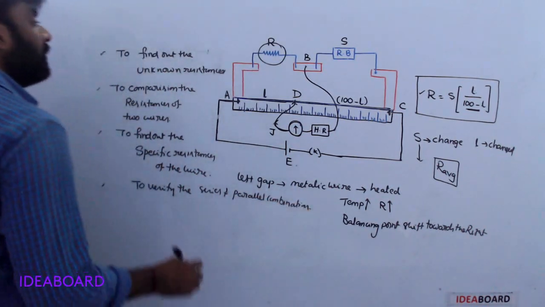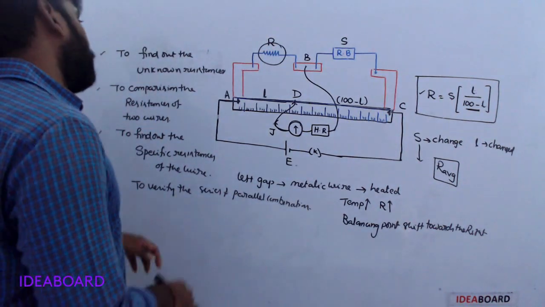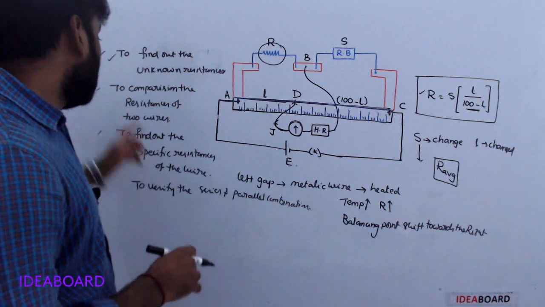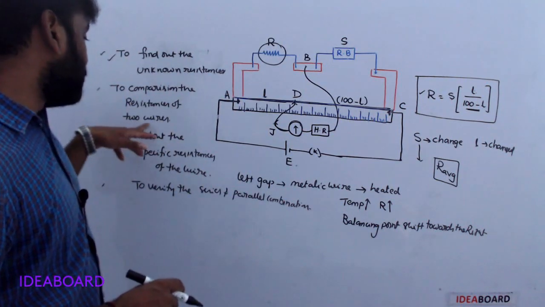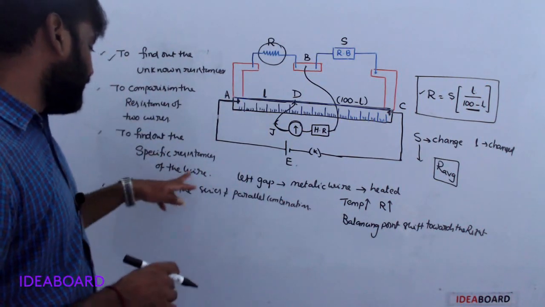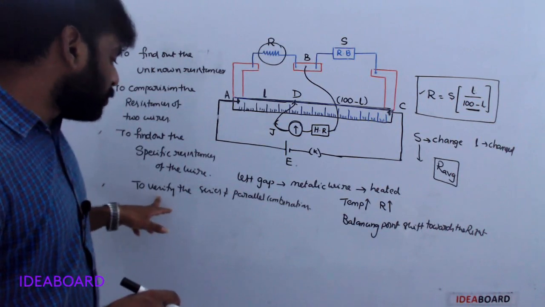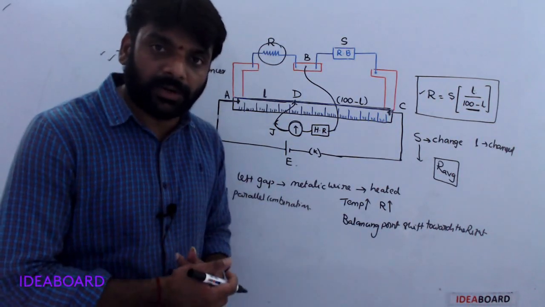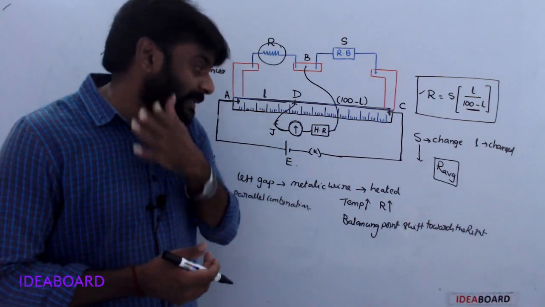Understood? The main uses are to find out the unknown resistances, to compare the resistances of the two wires, to find out the specific resistance of the wires, and to verify the series and parallel combinations of the wires. Understood? So these are the uses.